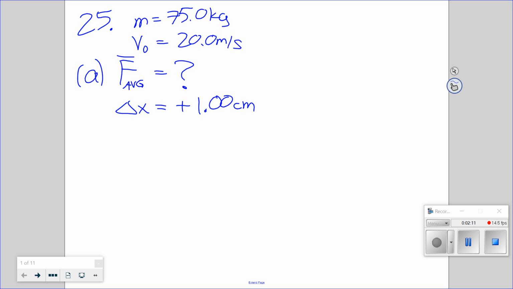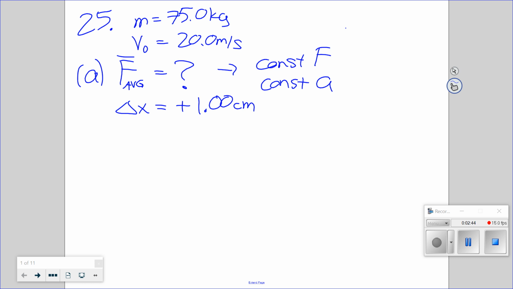Okay, if you're using the average force, that's the same thing as doing a constant force. Okay, let's see. Constant force, constant acceleration. Okay, so you could use change in energy.